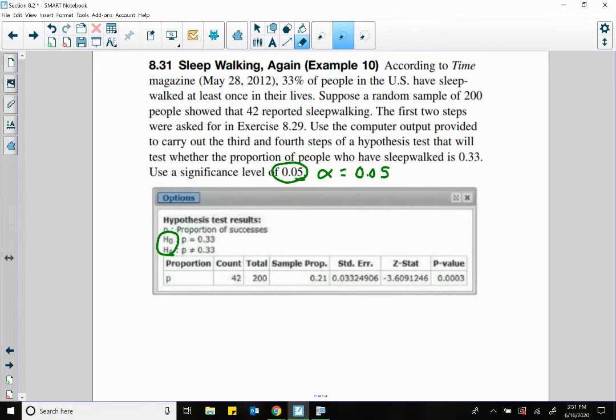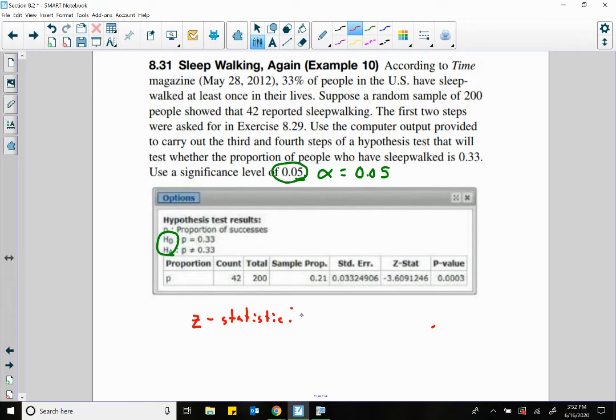Okay. All right. Now, step 3 says to compute. So our z statistic, if you read up here, it's right here under z-stat.